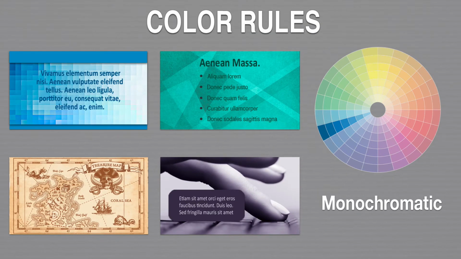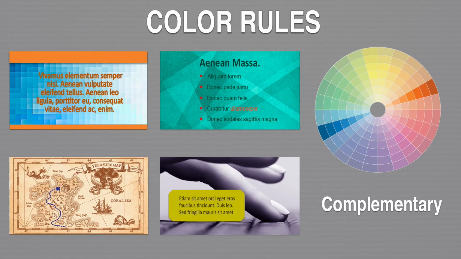Your easiest choice is a monochromatic scheme with only one color using different shades and tints of the same color. And then there's a complementary scheme where you choose a color and then use the color directly opposite it on the color wheel.